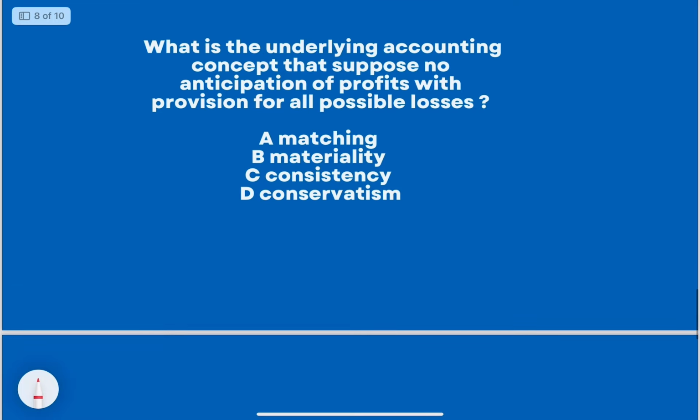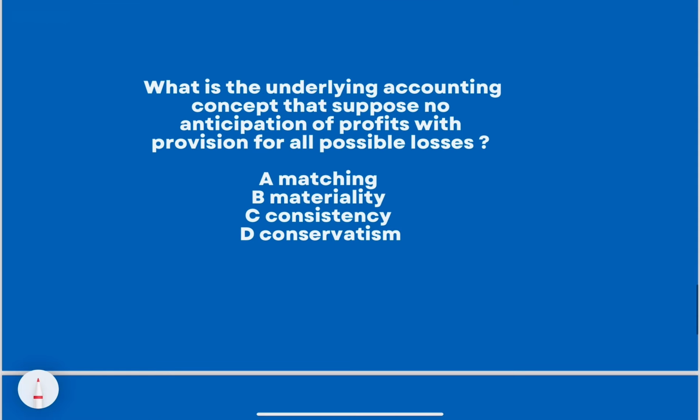So I'll give you just two MCQs. Try to answer it. What is the underlying accounting concept that supports no anticipation of profits but provision for all possible losses? Is it matching, materiality, consistency, or conservatism?